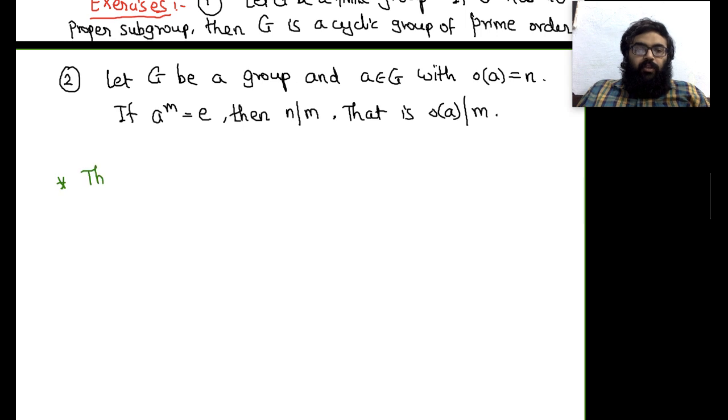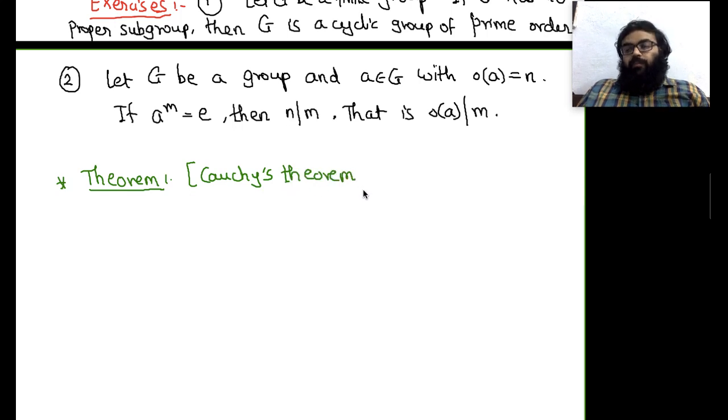Now we come to the important result, that is called Cauchy's theorem. But we are not proving it here in general. We are proving it for finite abelian groups.